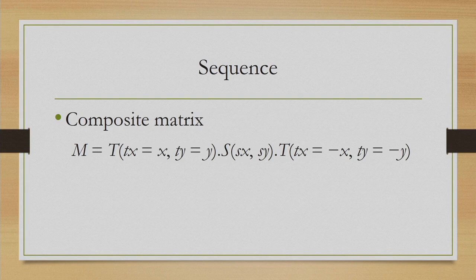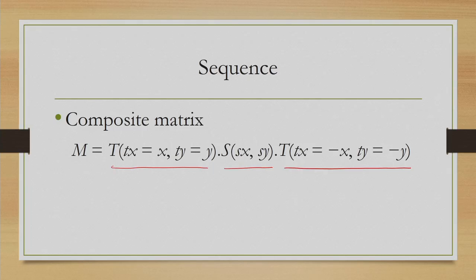So, how to form this sequence? We will follow the same right to left rule. First translation is the rightmost transformation, that is bringing the fixed point to origin. This is followed by scaling, that is the second transformation. That is followed by reverse translation, that is bringing the point to the original point again, that is the leftmost transformation.